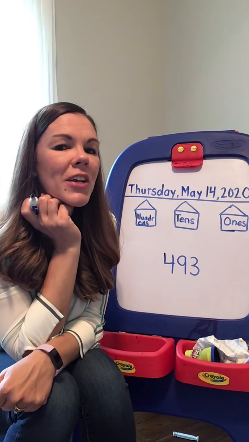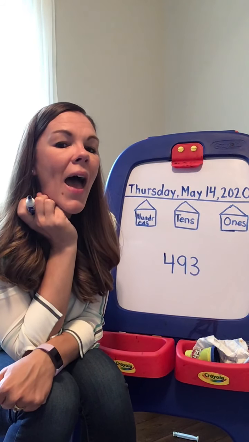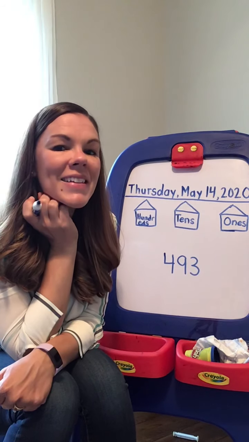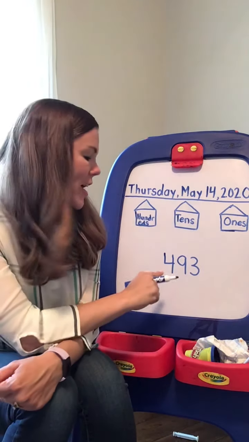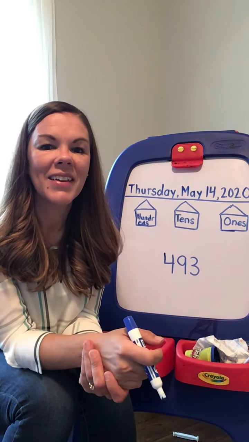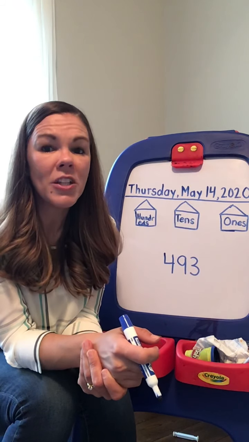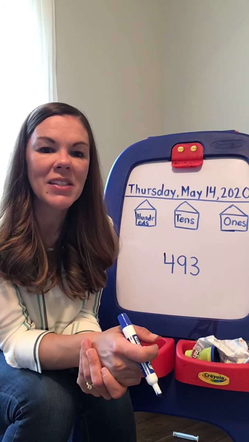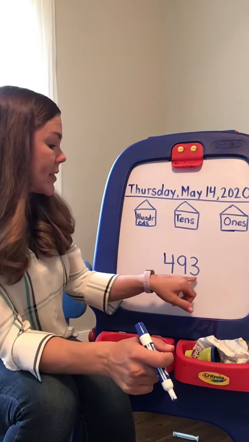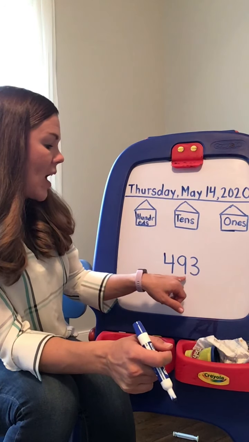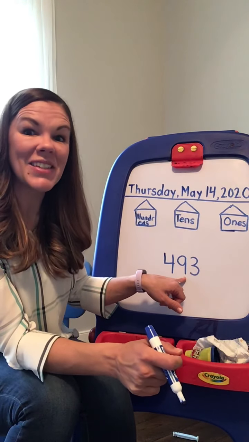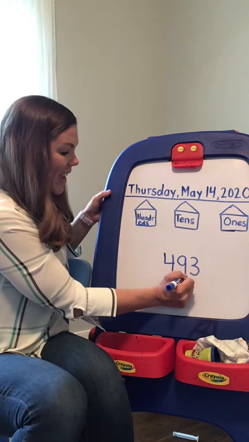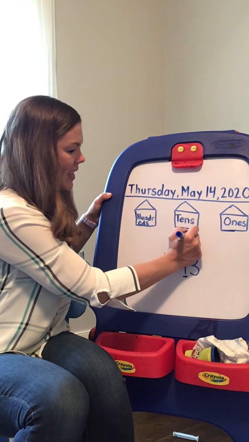I'm gonna try to trick you. How many tens are there in the number 493? How many tens? Which number lives in the tens house? Let's look at our houses. Ones house, tens house. So there are 9 tens.